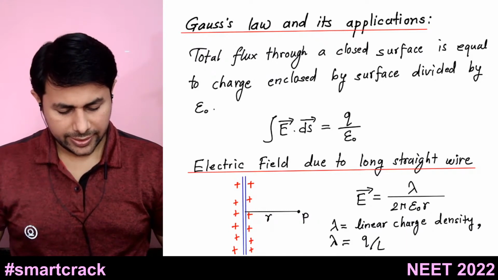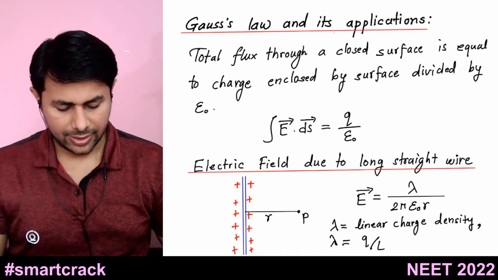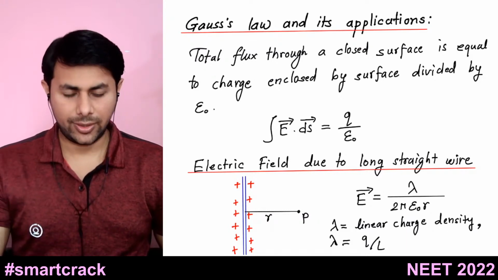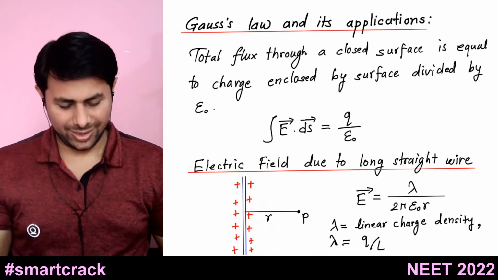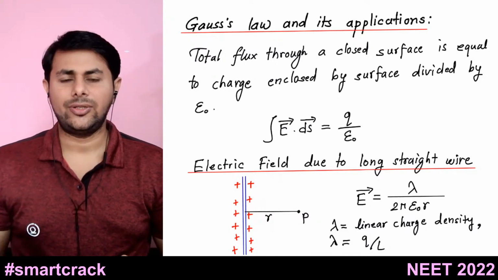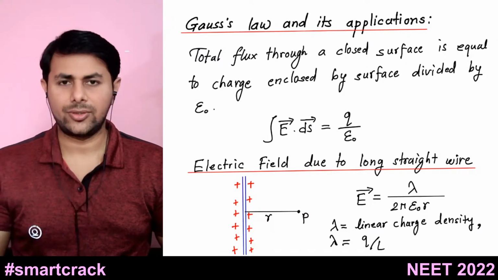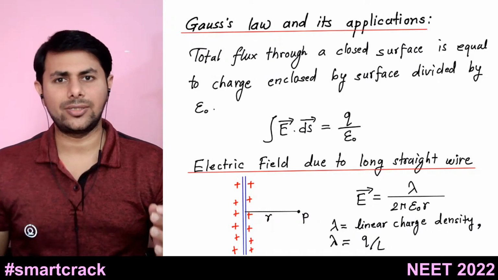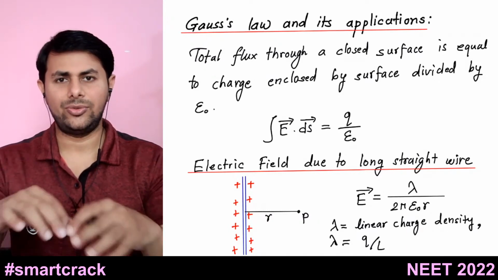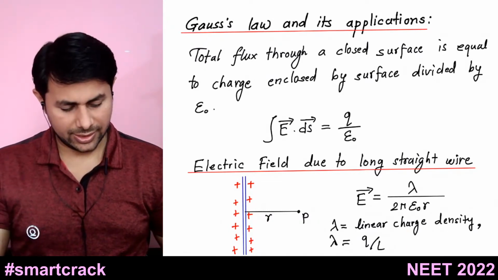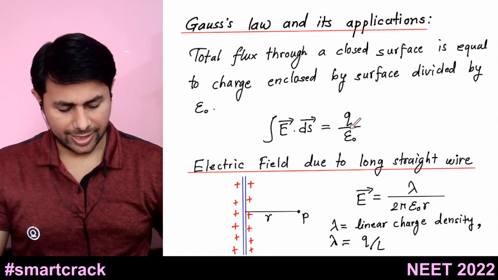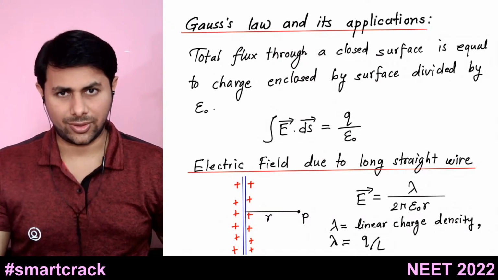Then the next thing is Gauss's law and its applications. So what is Gauss's law? What does Gauss's law say? Gauss's law says that the total flux due to the electric field through any closed surface is equal to the algebraic sum of the charges enclosed by the surface divided by epsilon naught.